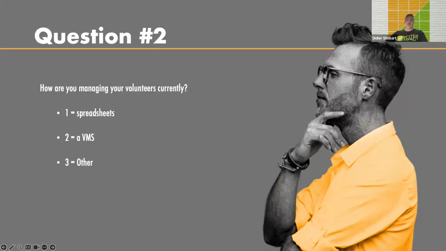We had one who answered number 1 and 3, so spreadsheets and other as well. Probably the most common is a volunteer management system. So perhaps organizations are looking to improve on that system and have something a little bit more detailed. Awesome. Thanks for answering question 2.